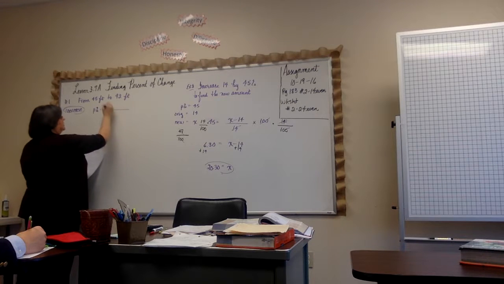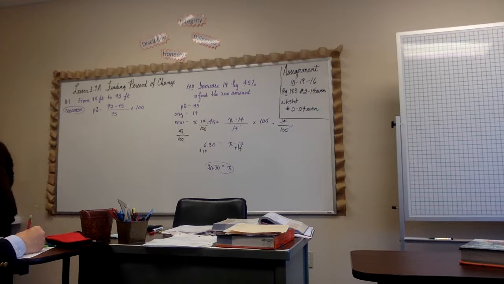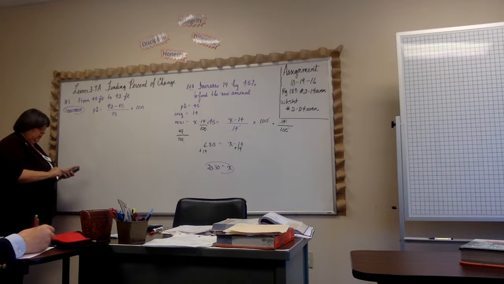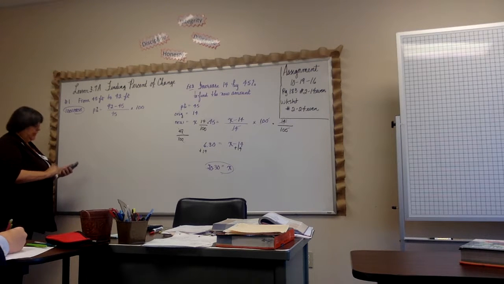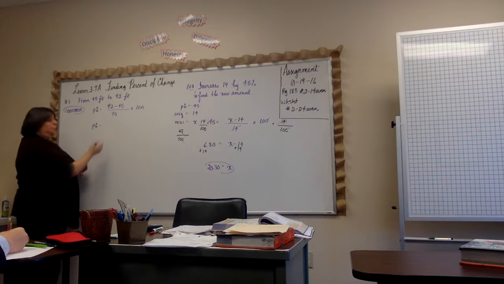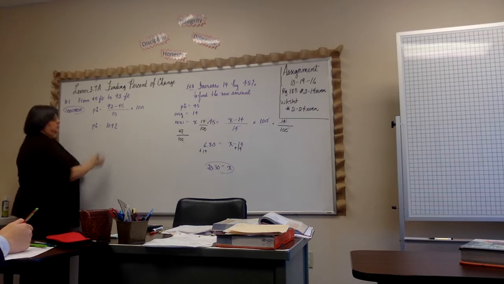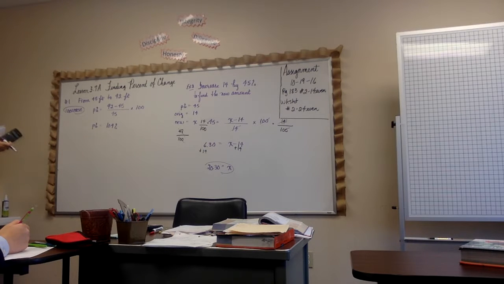P% equals large minus small over the original times 100. We'll punch it. 92 minus 45 equals, divided by 45 equals, times 100. And they're wanting us to round this. I'm getting 104.4. I'm just going to put 104%, because we're going to round these according to the directions to the nearest percent. So that would be an increase problem.